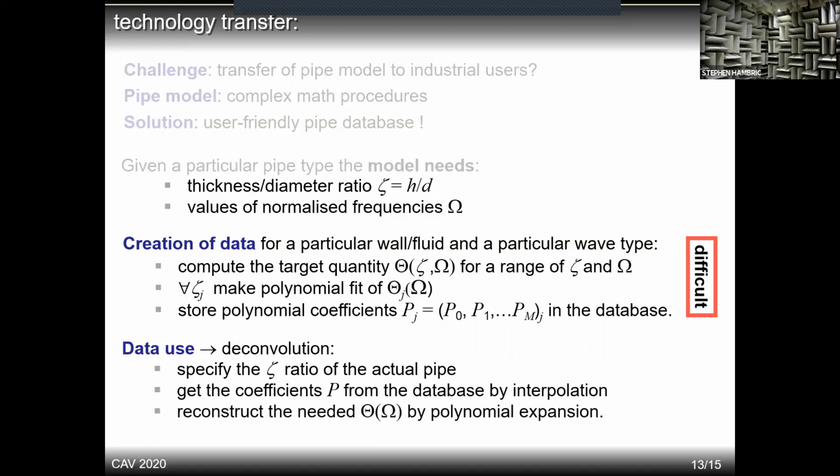And then, with the coefficients obtained, the required quantity theta will be obtained by polynomial expansion in omega. So that is the procedure. This procedure will be simple on the end user side.